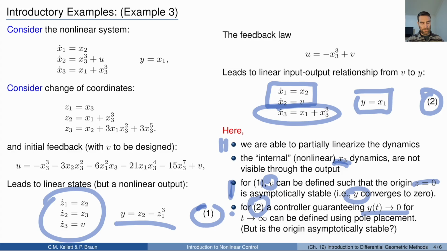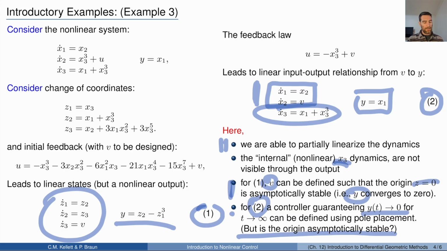Again, simply by focusing on these two components here, x1 and x2, and designing another corresponding v. But it is not clear if the origin of that system, meaning x1, x2, x3, if these three states are going to converge to 0, giving us an asymptotically stable origin.